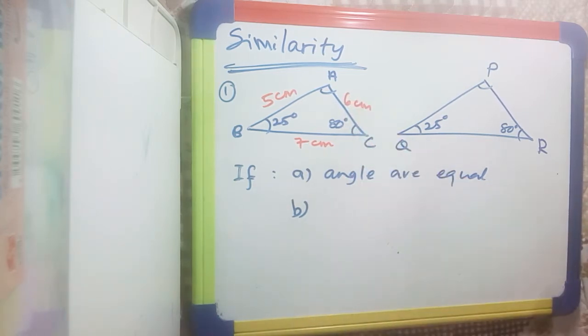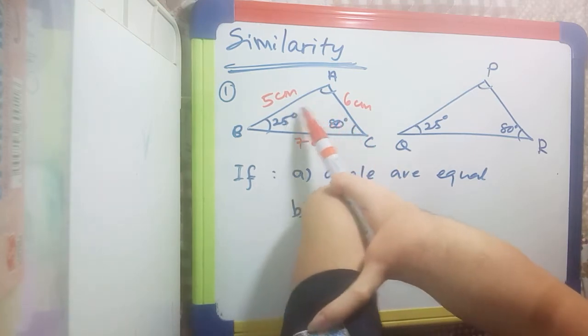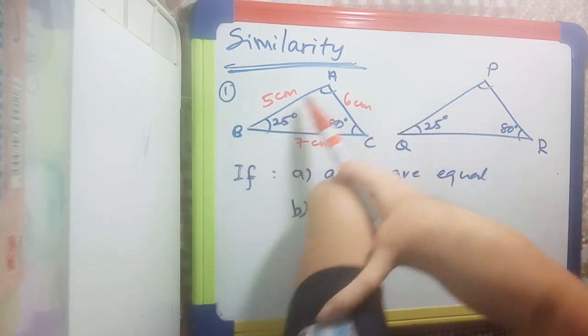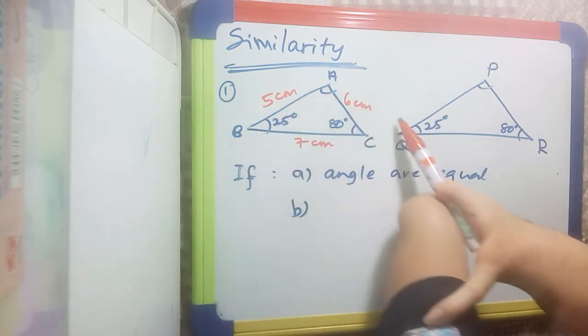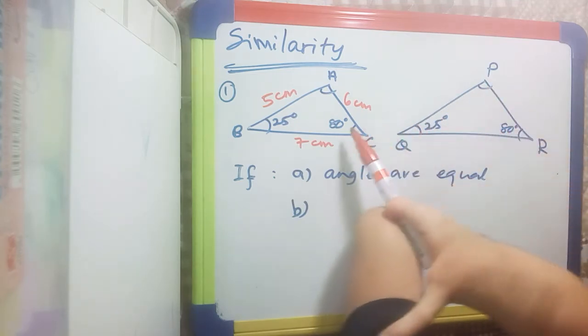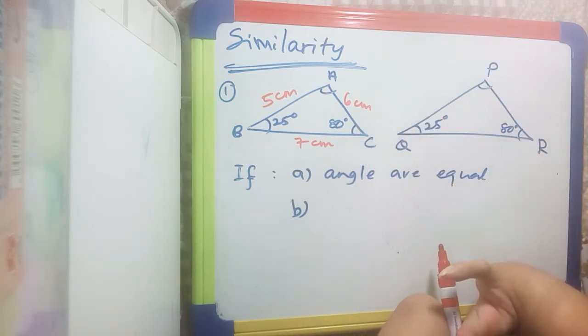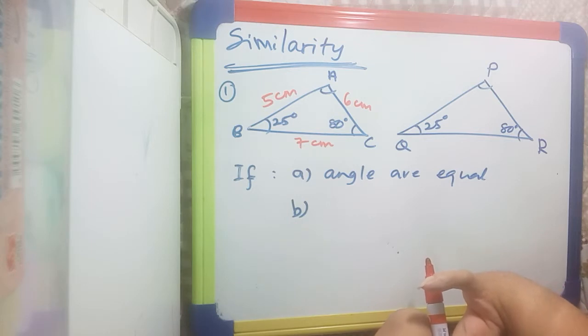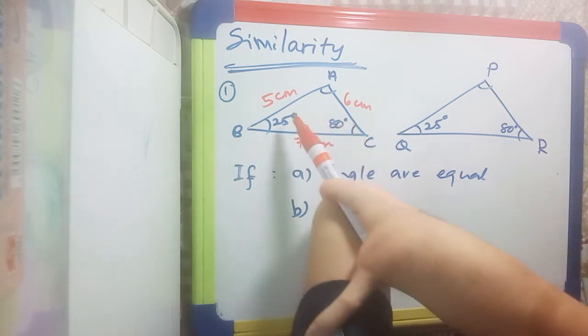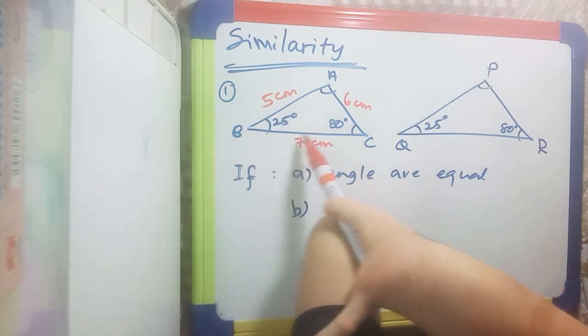If I want to say that the ratio of the sides must be in proportion between each other, what does it mean? First, look at the length of BC.